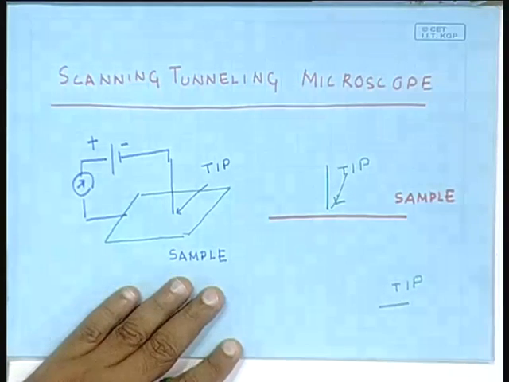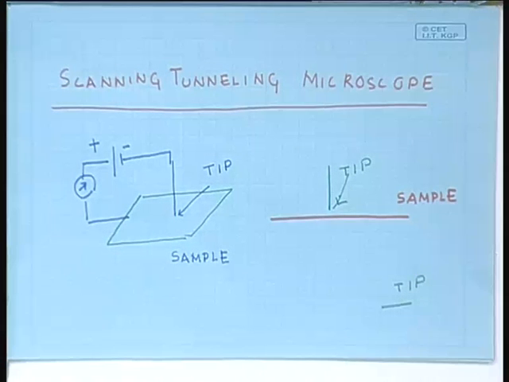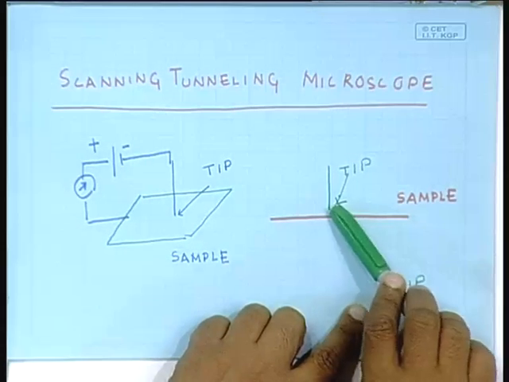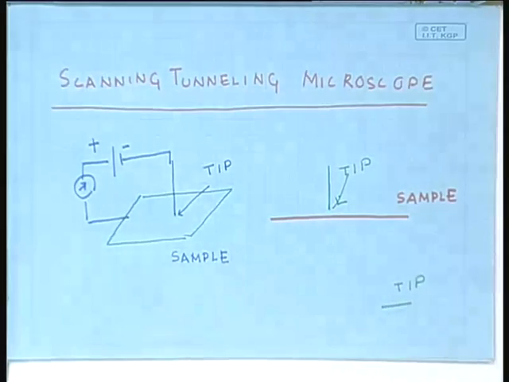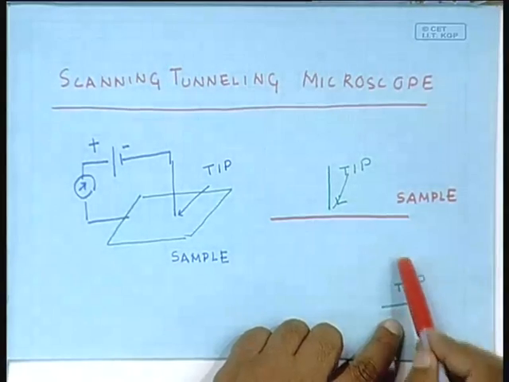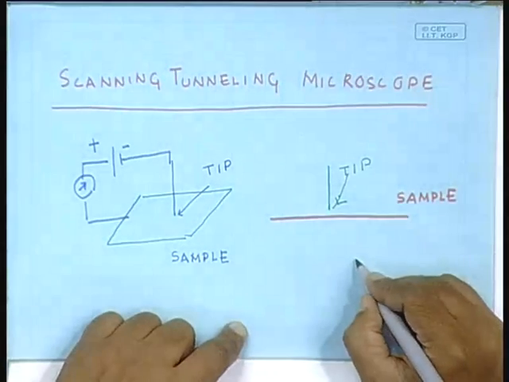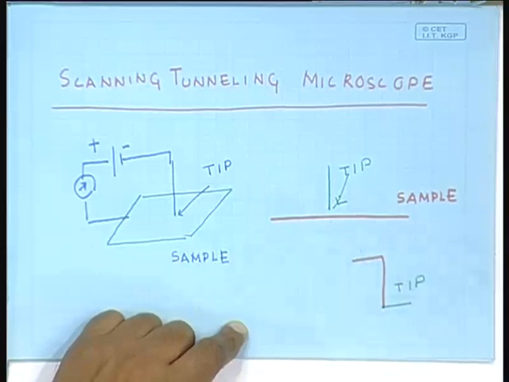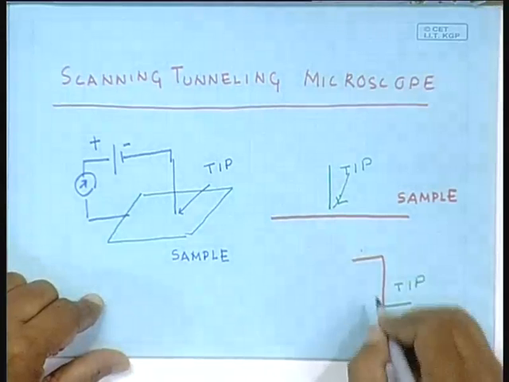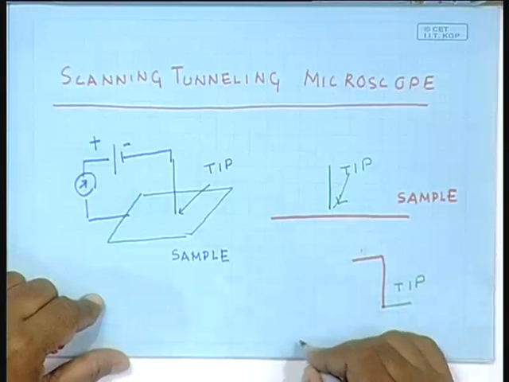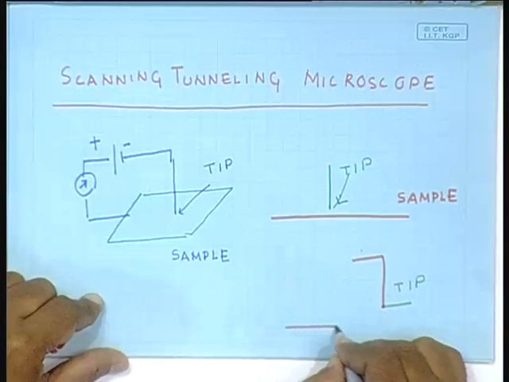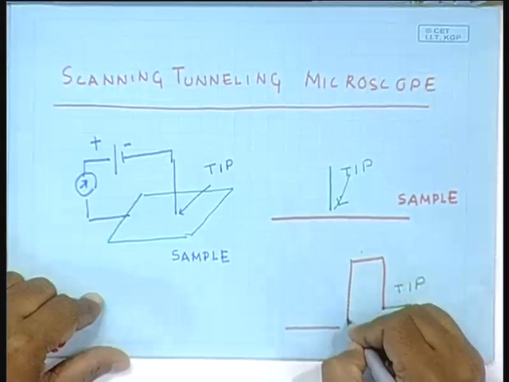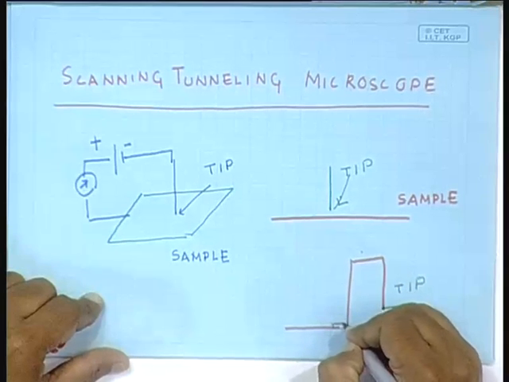Now, a free electron does not experience a potential. So, outside the tip you can think of the electron as being free. So, the potential inside the tip is going to be lower than the free electron. So, a free electron is going to be at a higher level. So, this is vacuum, and this is again the sample. The sample is at a lower potential than the tip because it has been positively biased.